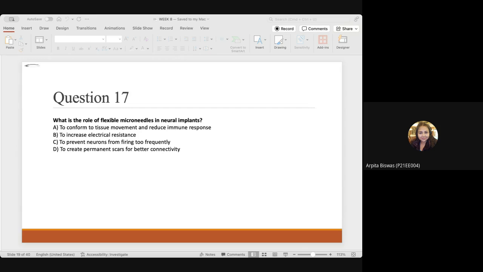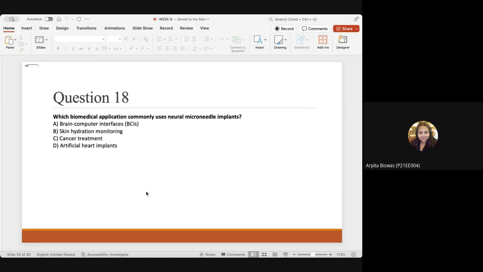And then move toward question number 18. Which biomedical application commonly uses neural microneedle implant? Option A is the brain computer interface. Option B is the skin hydration monitoring. Option C is the cancer treatment. Option D is the artificial heart implant. So, what is the right option?